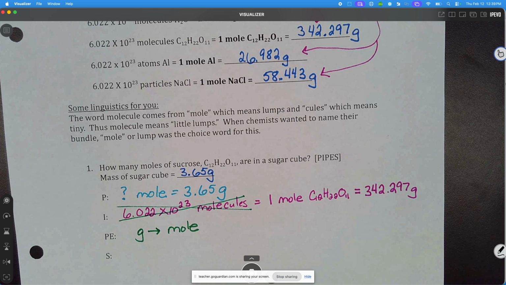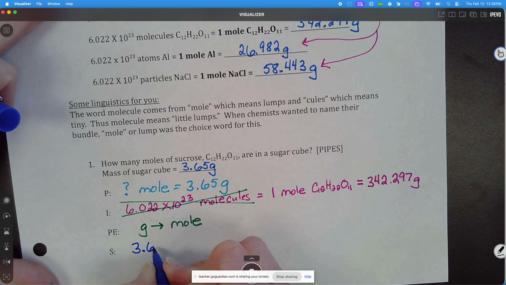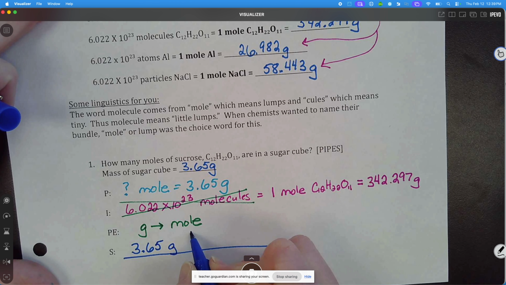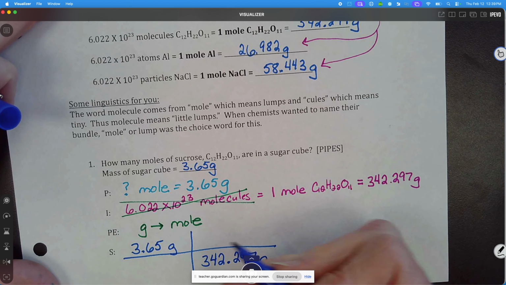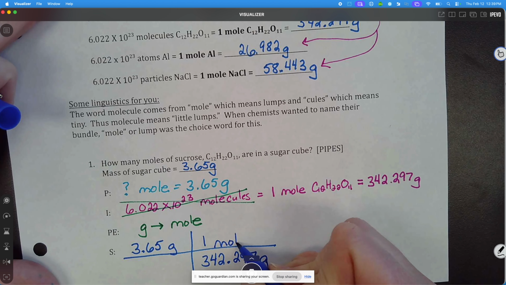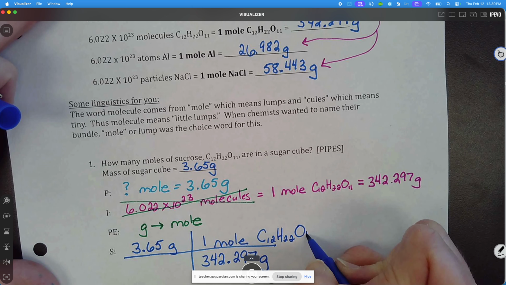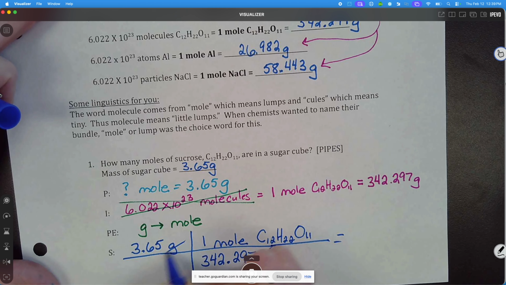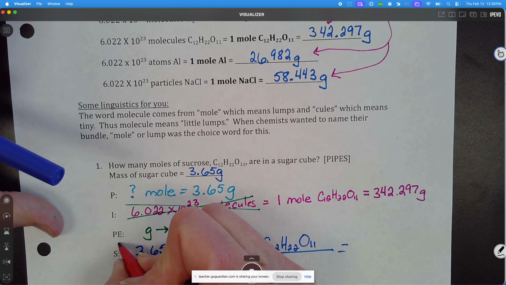Then we just have to solve our problem here. 3.65 grams. I'm going to use the 2 pieces I have left. 342.297 grams is 1 mole of C12H22O11. My grams cancel. I think about my significant figures.